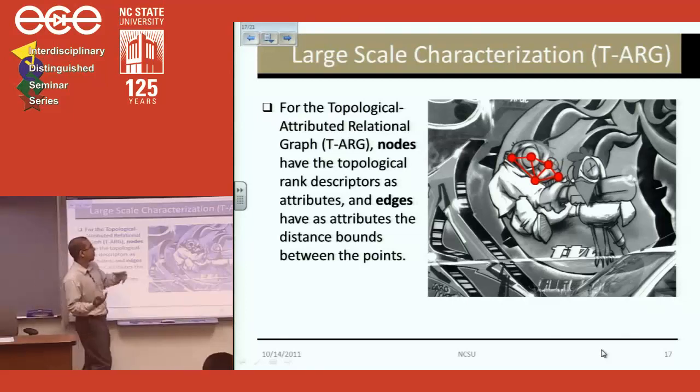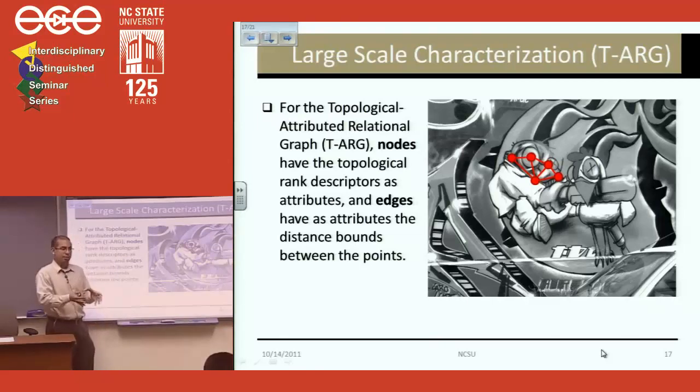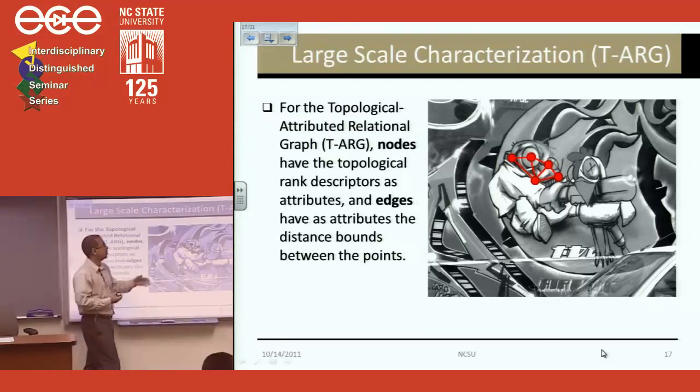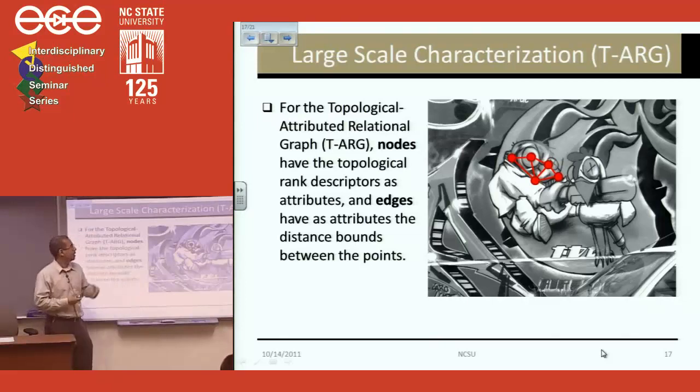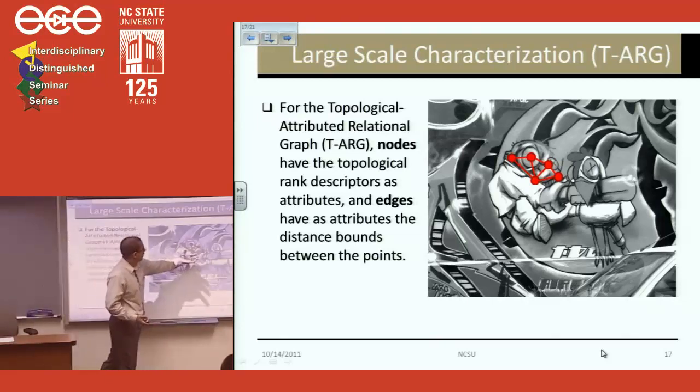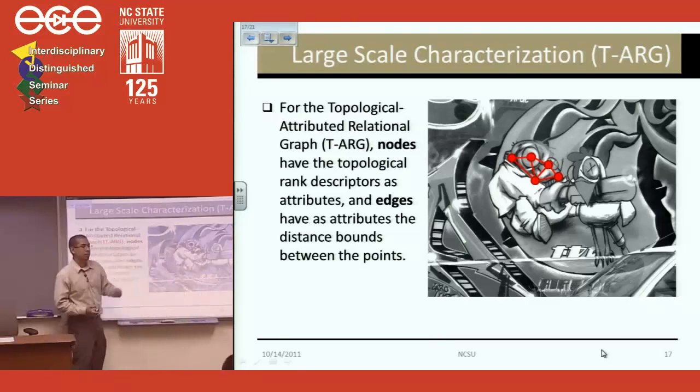So essentially, we can put all of this information into a graph where each node is going to have all these rank conditions that we computed around a region. And in between the nodes, the edges are going to have weights, or some sort of attribute corresponding to the upper and lower bounds for each one of the distances that we have. And in that way, we can select a region, essentially build a graph out of this.